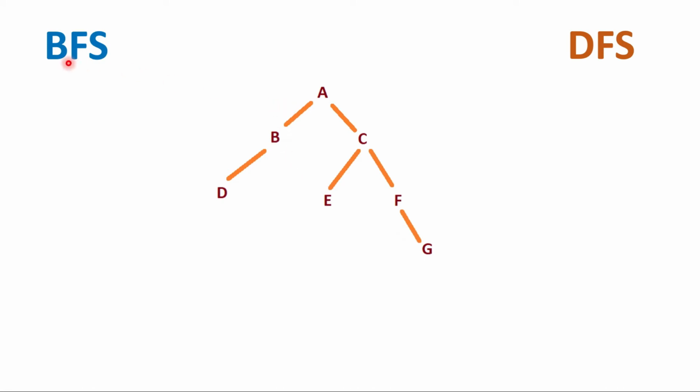So if we traverse in BFS manner, that is breadth first search, then the result will be A, then who are A's friends immediately, that is B and C. Then I will go to B, who is B's friend, that is D. Then I will again come back to C, who is C's friend, that is E and F. Then who is F's friend, that is G. So in BFS, the order will be A, B, C, D, E, F and G. If you see one similarity here, it is searching level by level.